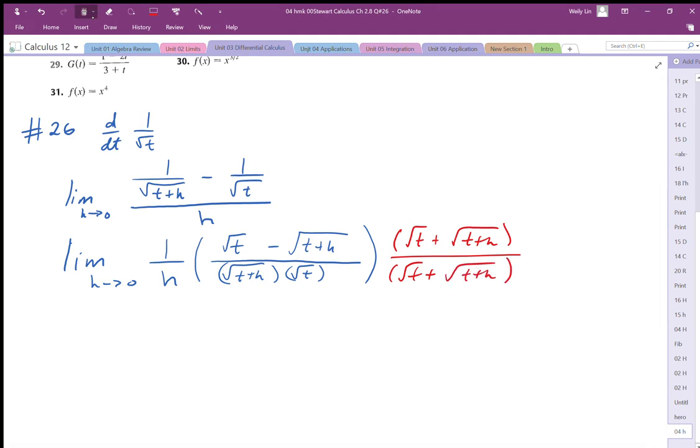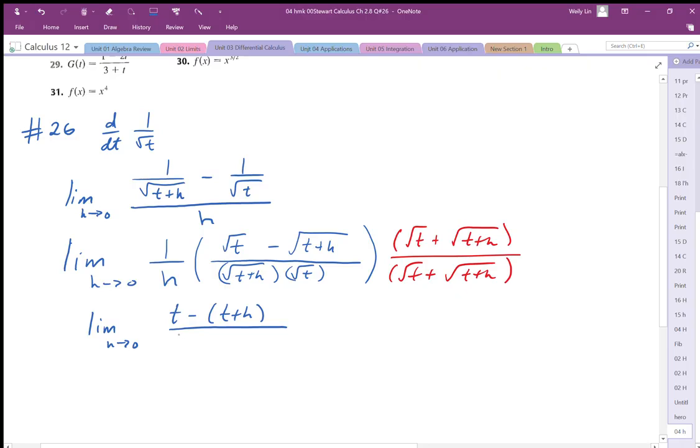And multiplying that all out, I end up with a limit as h approaches 0. And this is going to become t minus t plus h. So square root of t squared minus the square root of t plus h all squared. That allows us to get rid of the square roots.